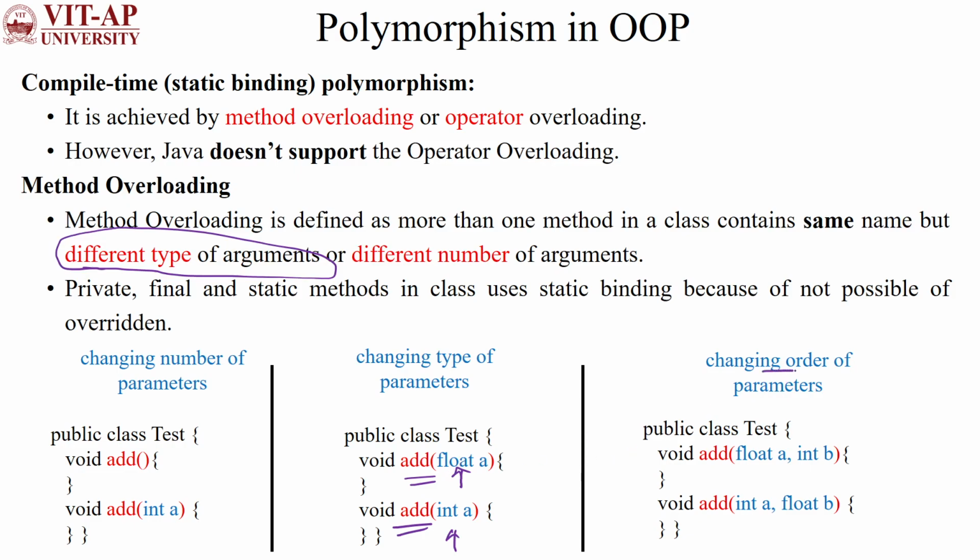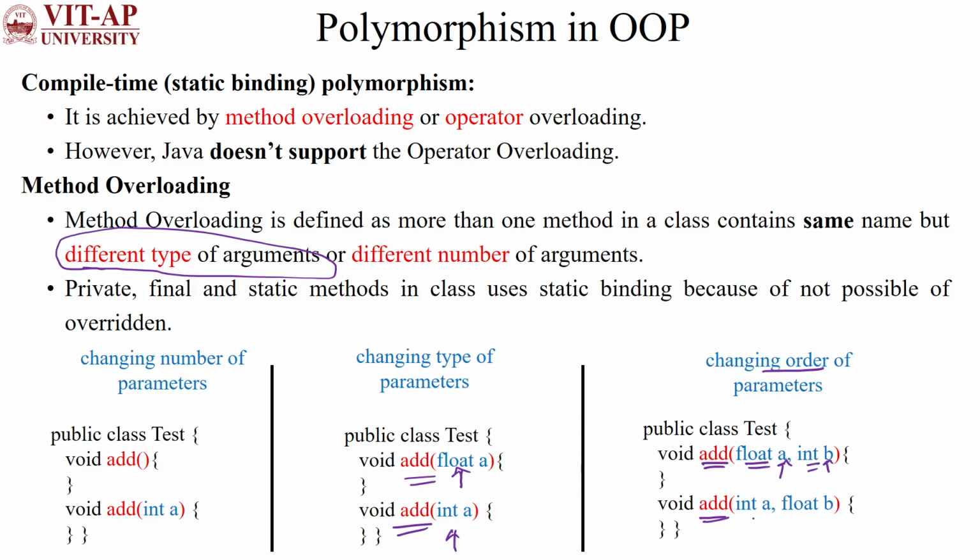Next one is changing the order of parameters. Here also the method name is add, and here also the method name is the same, add, but the order of the variables differs: here a is a float variable, here b is an integer variable.